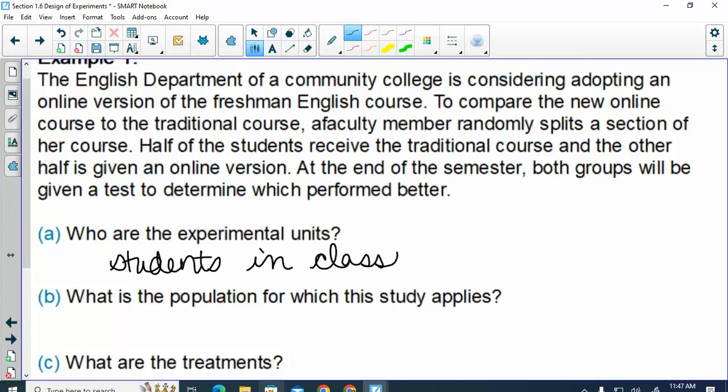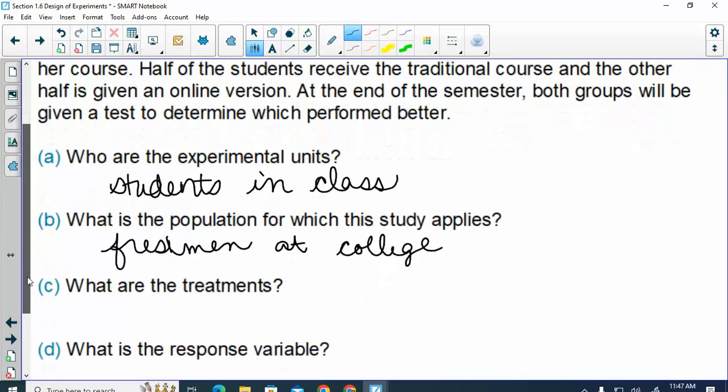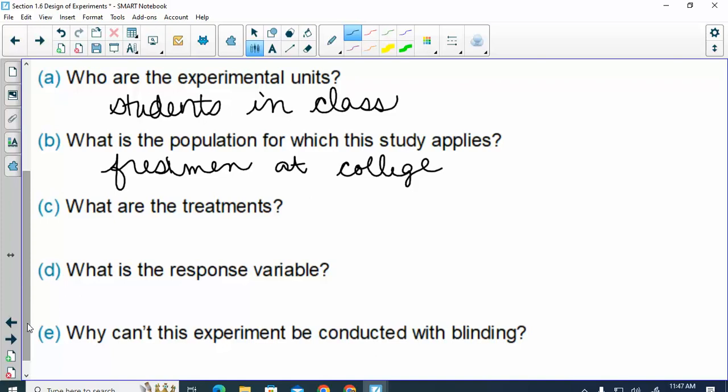Thanks. Bye. Okay. What would be the population here? All the students. Who do I want this to apply to? We're really looking at the freshmen at this college. Okay, if I ask for the treatments, what would those be?